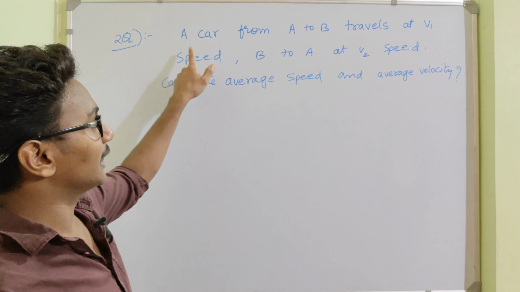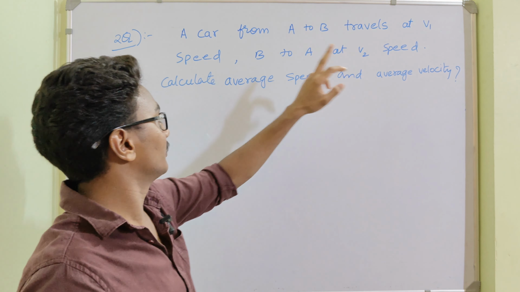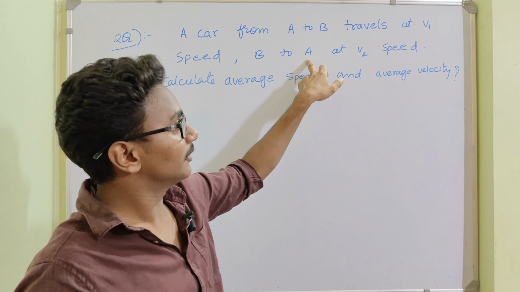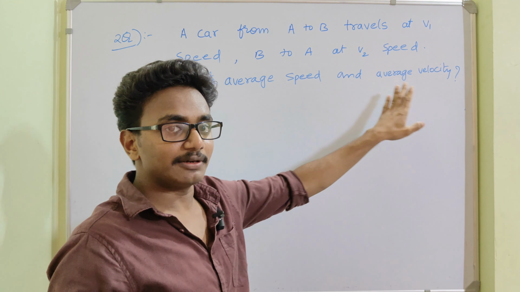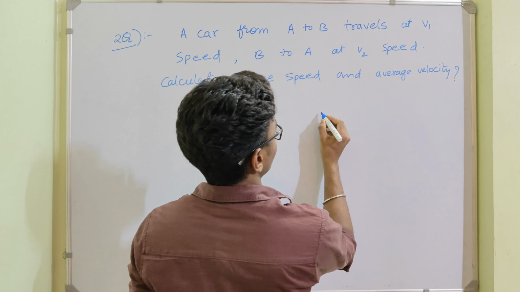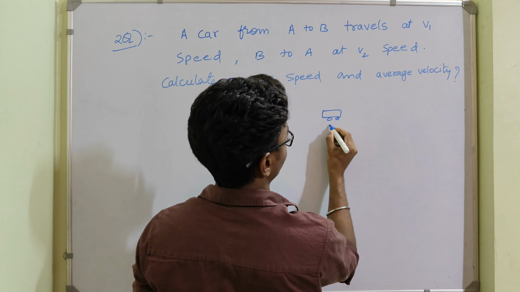Look at the second question. A car travels from A to B at a speed of V1, and from B to A with a speed of V2. Calculate average speed and average velocity.